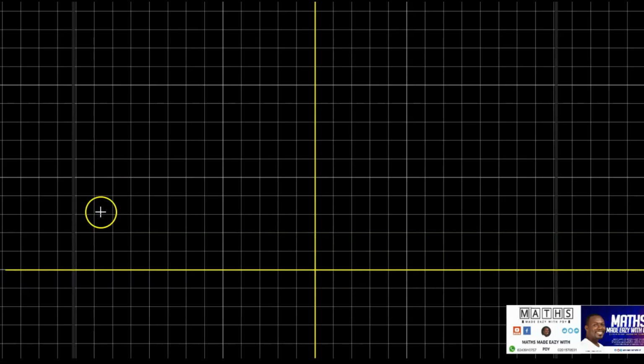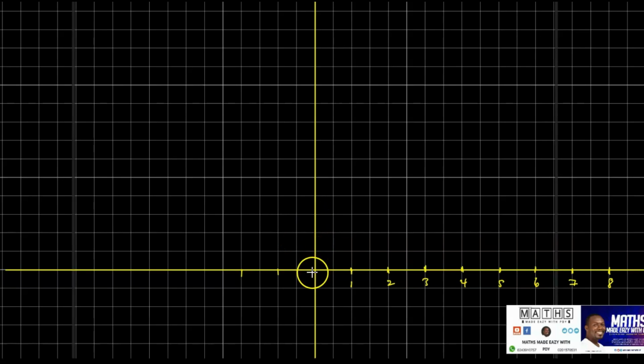Let us draw a given triangle, or let's put some dimensions there. Let me just use small of that. So I have, let's say, 1, 2, 3, 4, 5, 6, 7, and then 8.